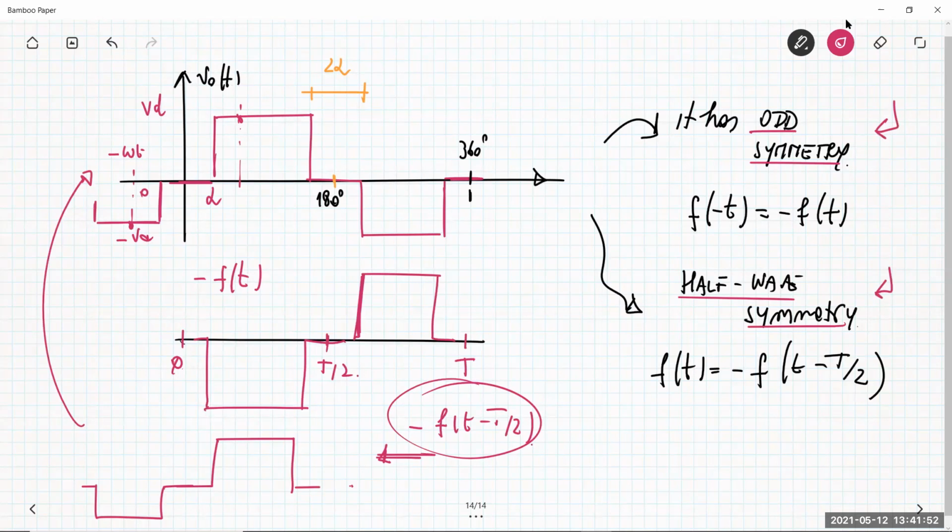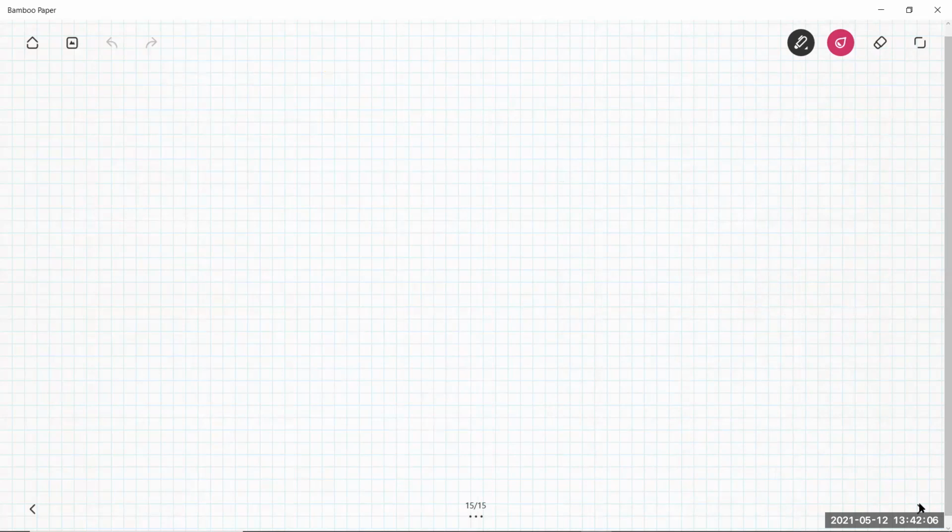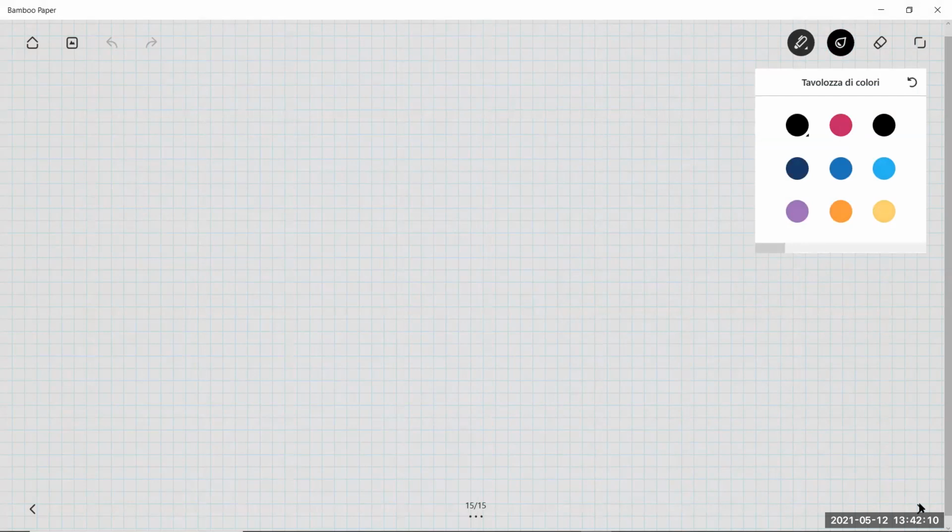Why are these kinds of symmetries so important? Because if you want to compute the spectrum of the output waveform, you have to use the Fourier series, and the Fourier series takes advantage of symmetries in the waveform you are considering.